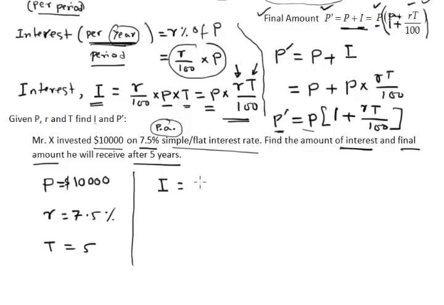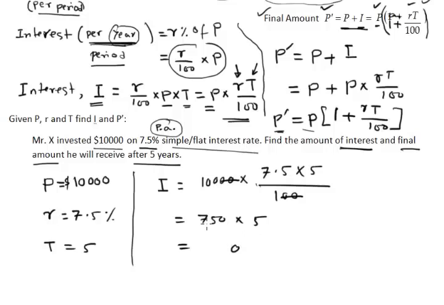So initial investment is 10,000 times interest rate 7.5 times time period 5 divided by 100. So this will cancel here. So 100 and 7.5, we will get 750 times this 5. So 0, 5 times 5 is 25, carry 2, 5 times 7 is 35 and carry 2, 37. So Mr. X will receive $3,750 of interest in 5 years.